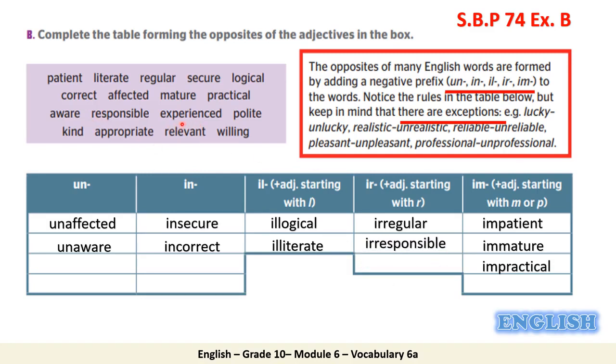Experienced, so it becomes inexperienced. Polite, polite starts with P, so it becomes impolite. Kind, can you say it? That's correct, it's unkind. Appropriate, what is the opposite of the word appropriate? And what is the suitable prefix? It is inappropriate. Relevant starts with R, so it becomes irrelevant. And finally, willing, which is unwilling.